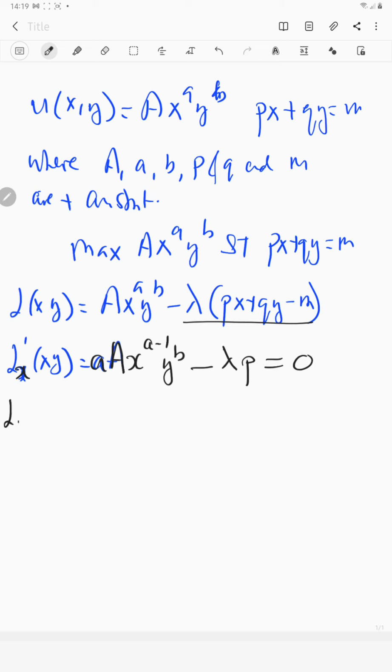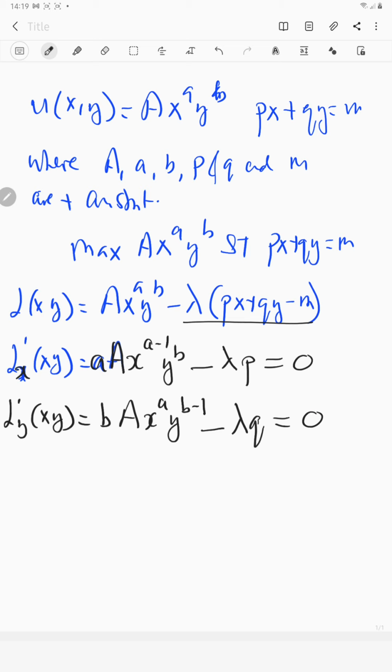Then for the second one, I differentiate with respect to y. For that I have b A x to the power a, y to the power b minus 1, minus lambda q, equal to 0.